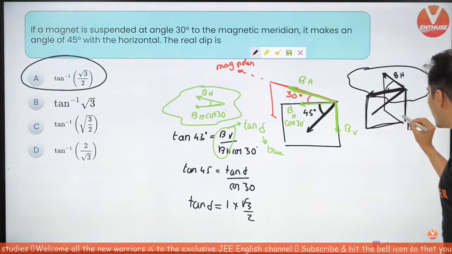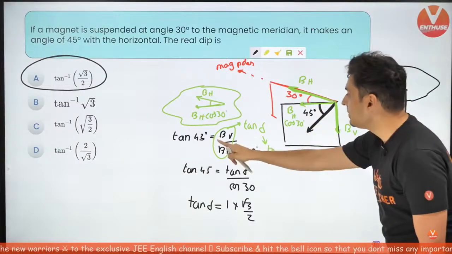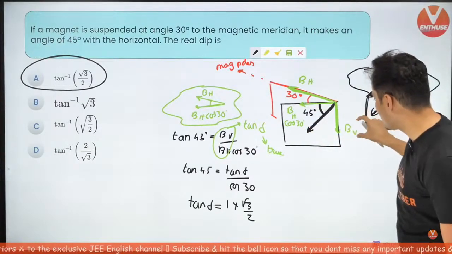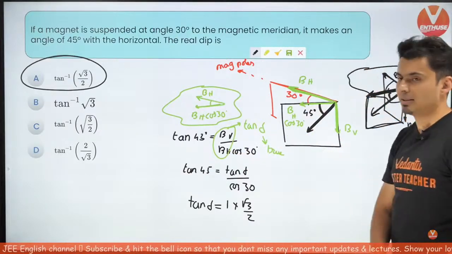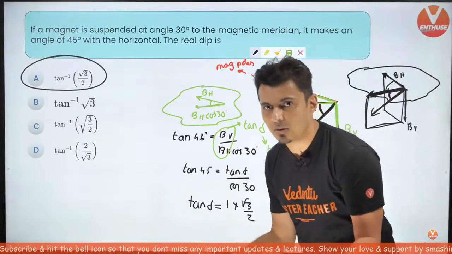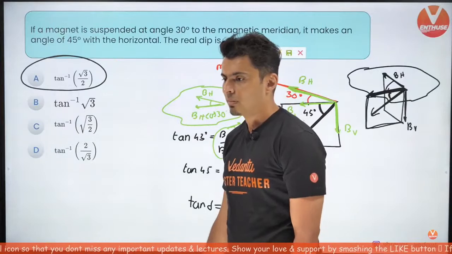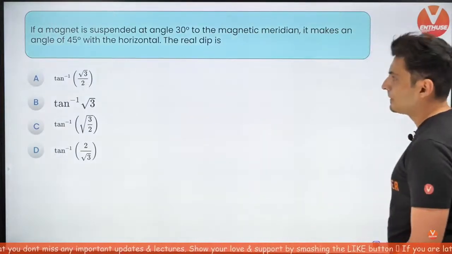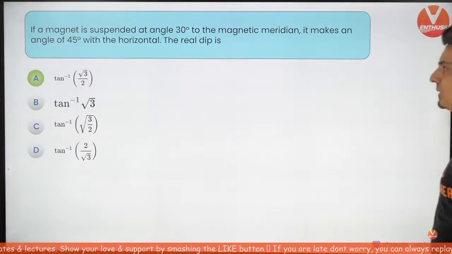In that plane, this angle, which is 45 degrees, will be this height, which is BV, by the base, which is BH cos 30. That's it. Now I know BV by BH by definition is tan of the true dip angle. That's all. Okay. I hope this is clear. Fair enough. So that's the answer. Perfecto. Moving ahead to the next one.